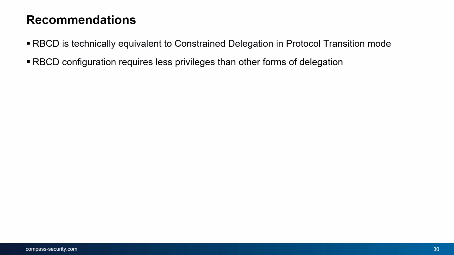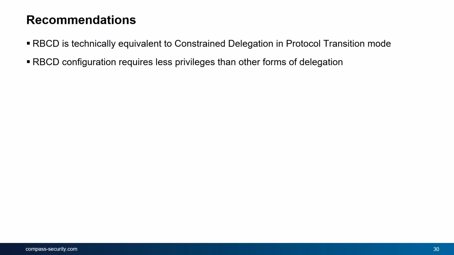However, RBCD requires fewer privileges to be configured than the other forms of delegation, where for unconstrained and constrained delegation, you need domain admin privileges or the respective SeEnableDelegation privilege. For resource-based constraint delegation, you specifically need to have write permission on a given object.